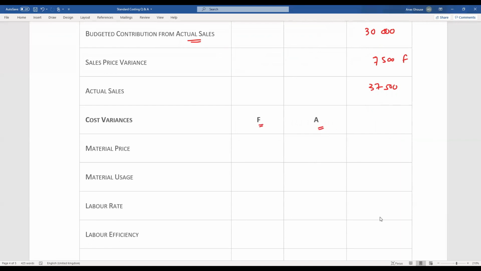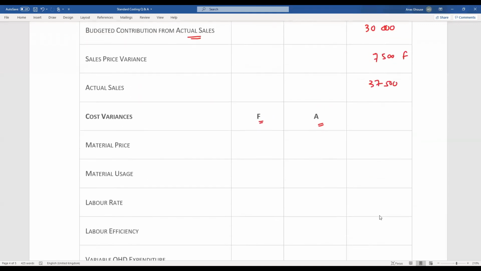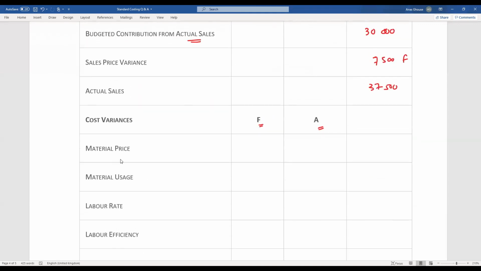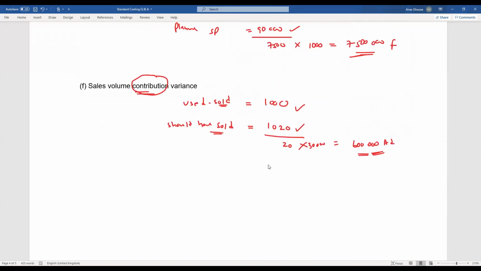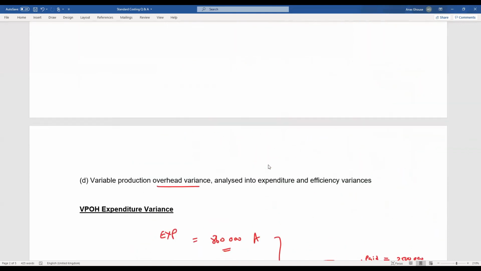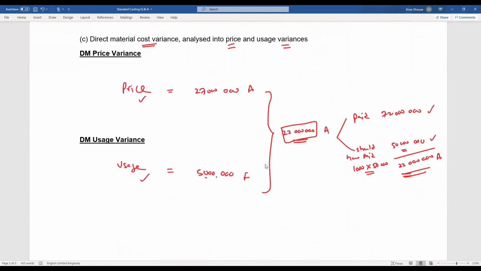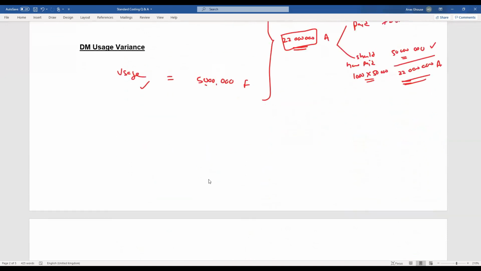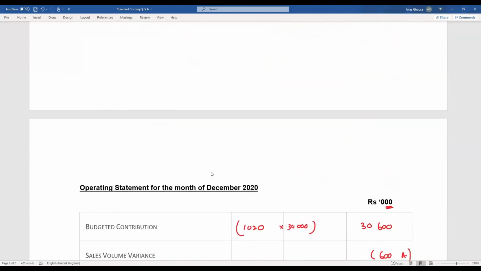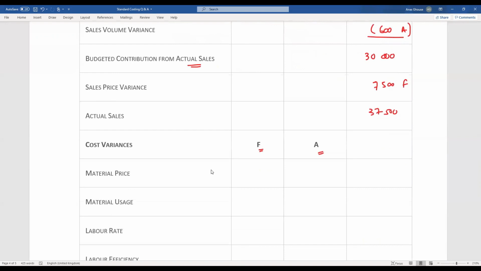So now we'll take the cost variances into favorable and adverse. Once you adjust the cost variance, you will get the actual contribution. Okay, so we'll take the price variance we calculated. How much? Direct material price variance is 27 million adverse, and usage variance is 5 million.